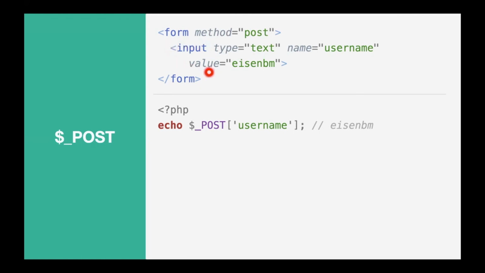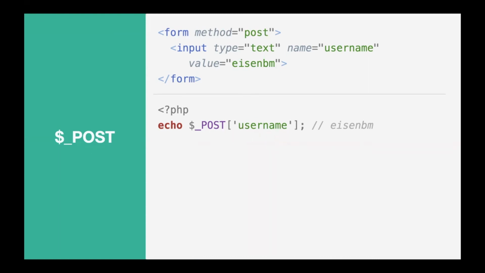All right, then inside of here, we have an input with the type text and the name username, and it has a value in it. So if we were to submit this form like this, then inside of the PHP, we would have, inside of the $_POST array, an element or a property with the key username.